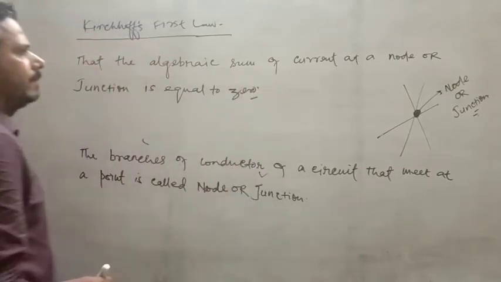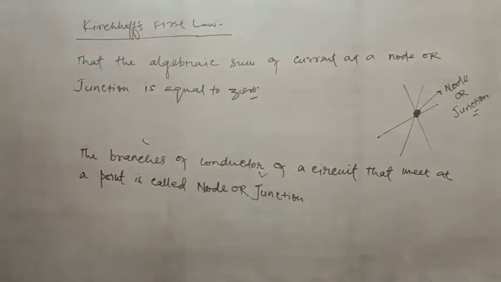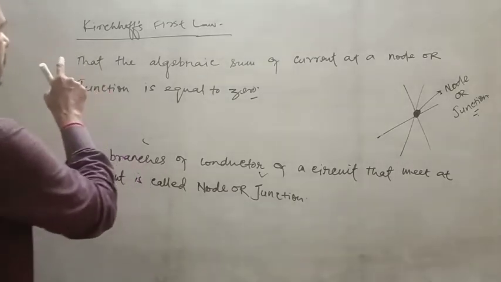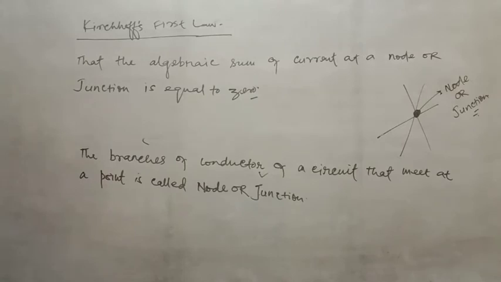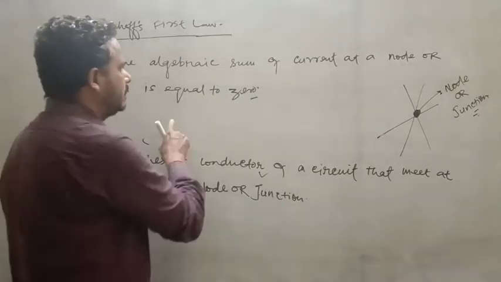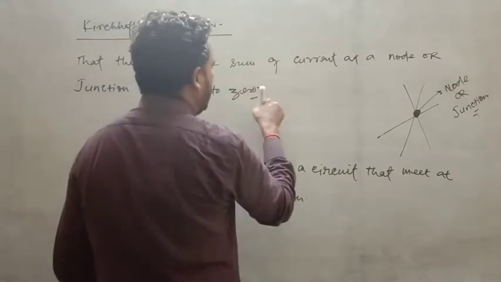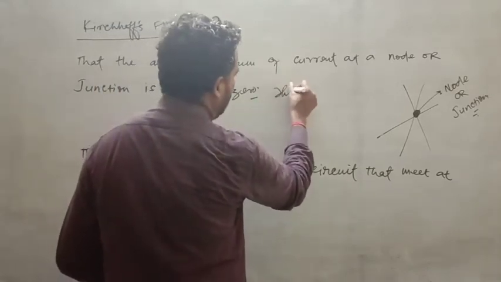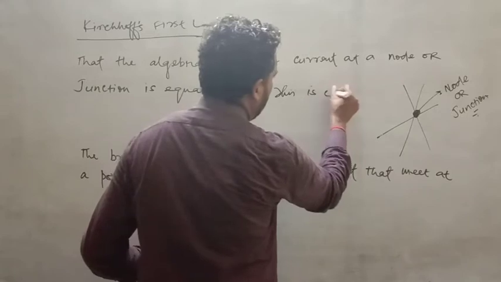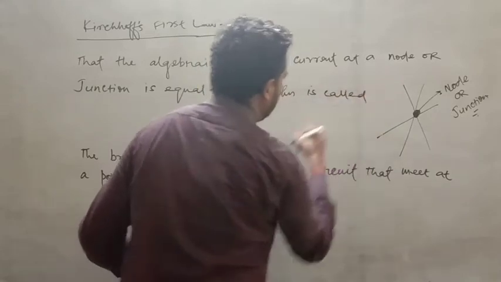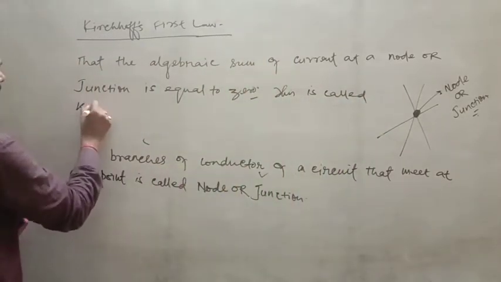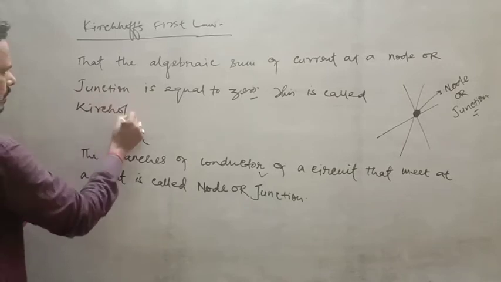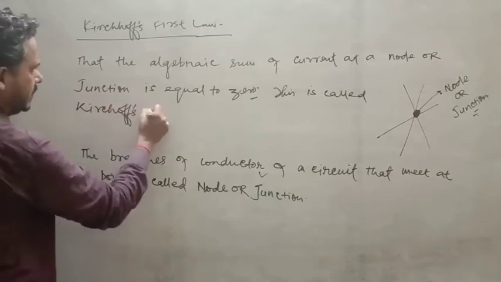This one is called Kirchhoff's first law. That means the algebraic sum of current at a node or junction is equal to 0, and this is called Kirchhoff's first law.